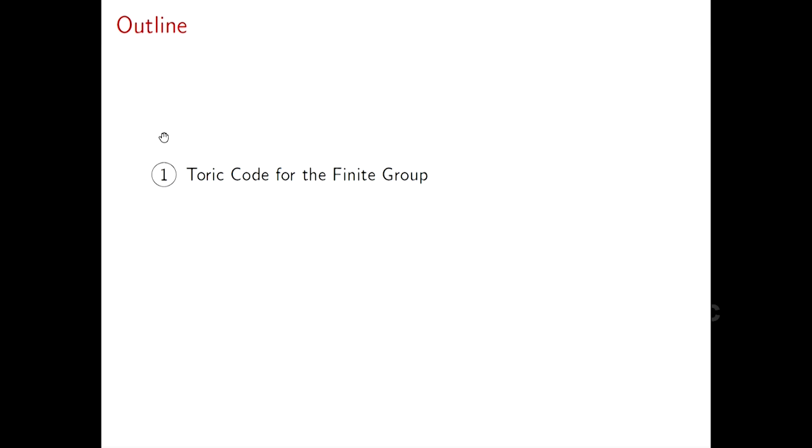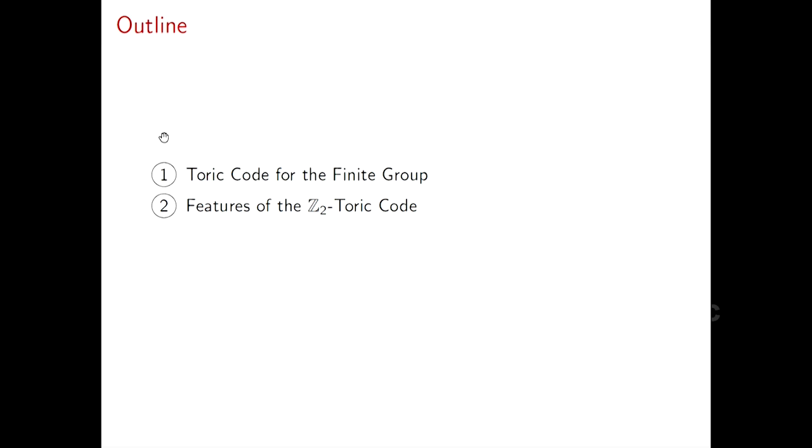So I'll start with this Toric code for a finite group, even though it can be extended to other more general structures. Then I'll be highlighting the features of this model for the simplest finite group, which is C2. I'm not going to go into too many mathematical details, I'll just give you the main features.